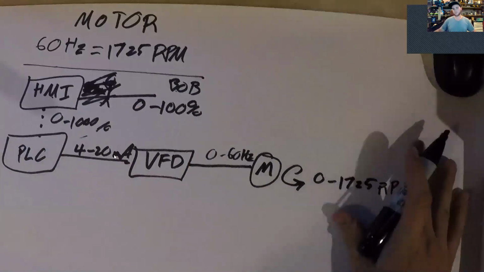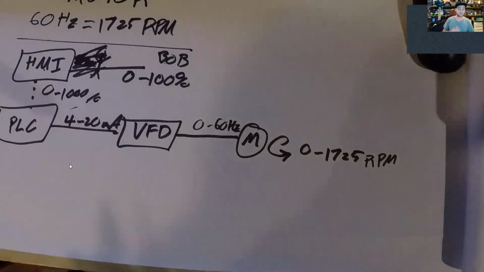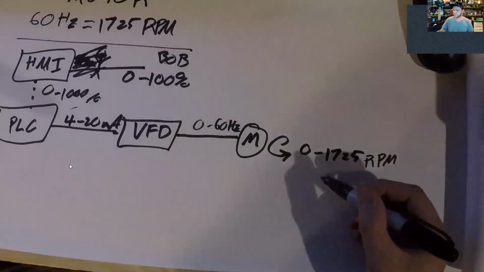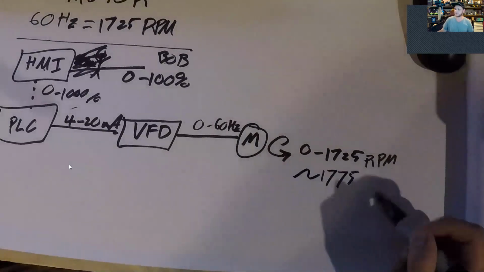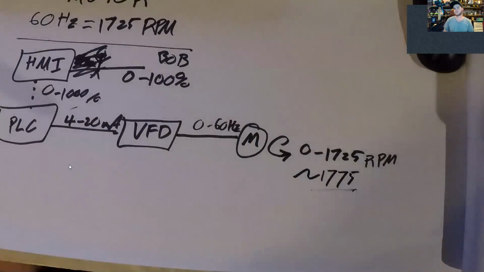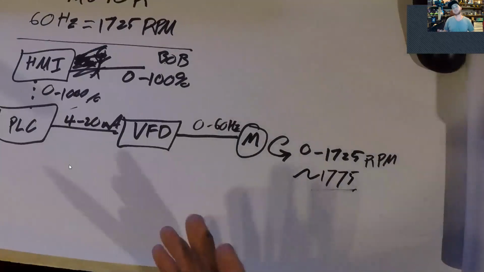But what I was looking for is in our measured value, which I actually believe to be correct, we saw that this motor was actually spinning at about 1775 when we gave it 60 hertz. That could be due to at least two different things.